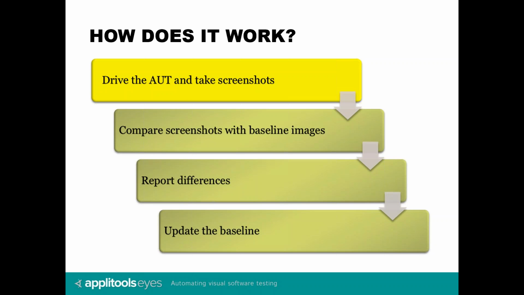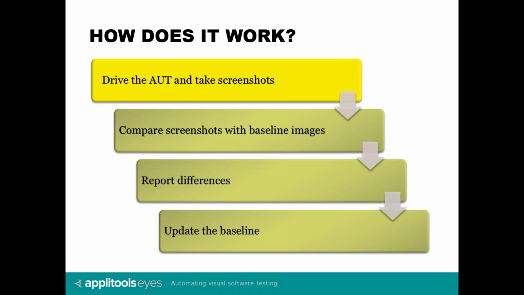Okay, so now that we know how we can compare screenshots with baseline images in a very robust and stable way that would allow us to scale our tests and reduce maintenance, let's talk about the first step of the workflow, which is driving the application under test and taking screenshots. So with Applitools Eyes, you can accomplish that by using various SDKs that we provide.